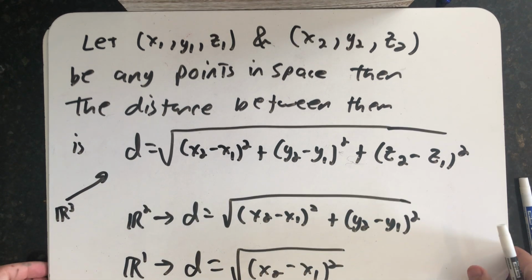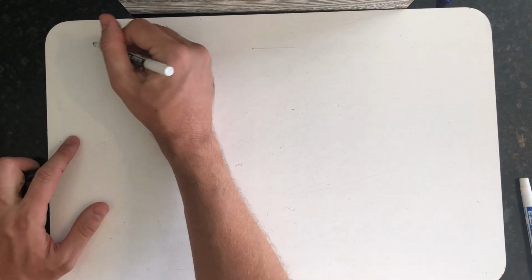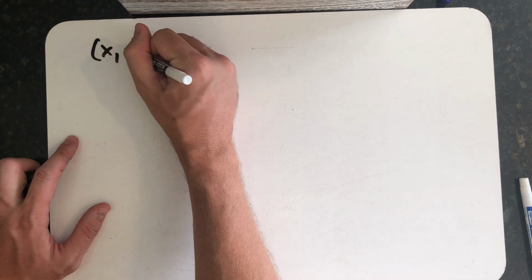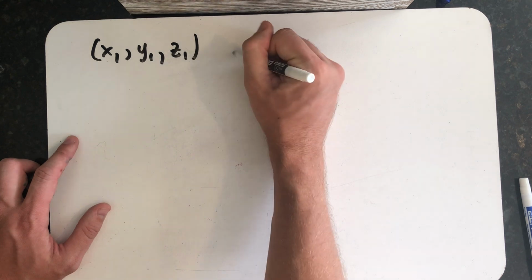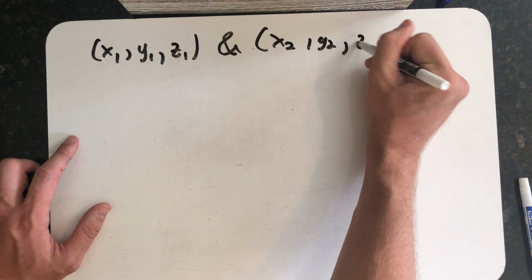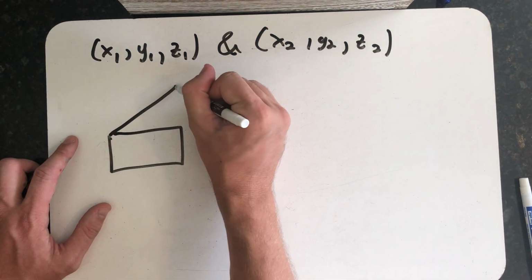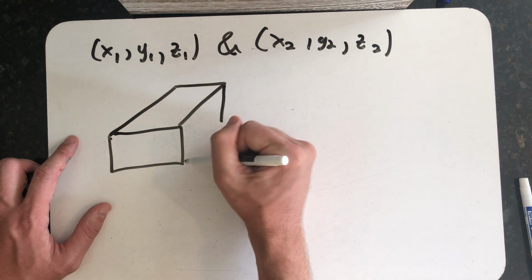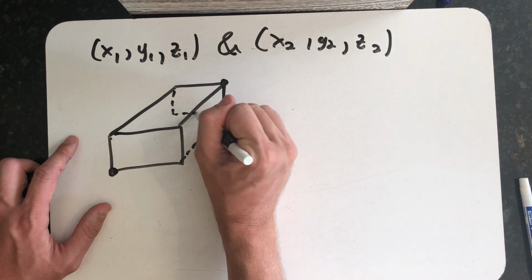Okay, at the beginning of the video, I promised you a midpoint formula, so here it is. I have 2 points in space, x1, y1, z1, and x2, y2, z2. And I could imagine those points living on opposite ends of that long diagonal of a rectangular prism.